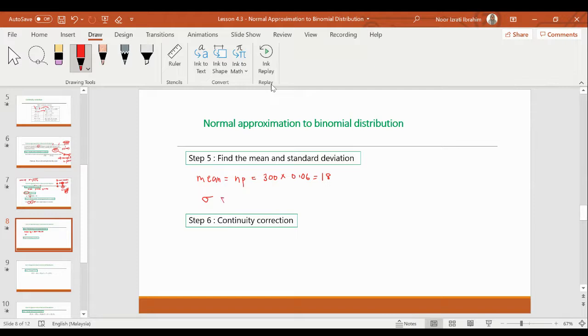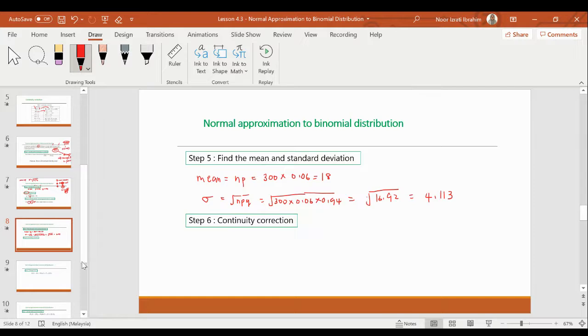And to find the standard deviation, square root of npq, which is square root of 300 multiplied by 0.06 multiplied by 0.94. This gives us square root of 16.92, and it will be equal to 4.113. Okay, so once we know that, just put aside first.